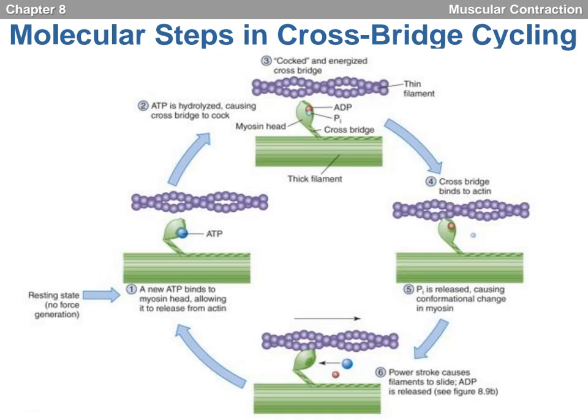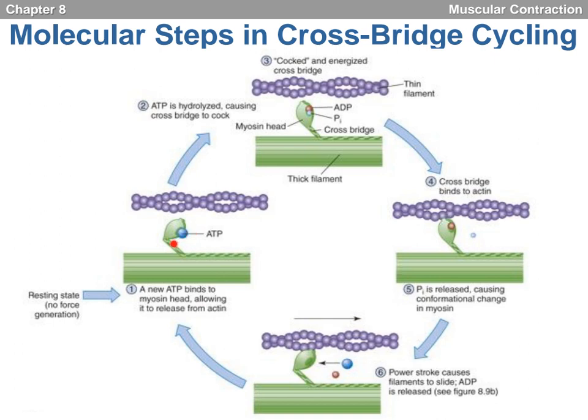I just wanted to show you this because it's the picture from your book. It's essentially exactly the same thing I've just talked about. We go from a resting state to a state in which ATP binds to the myosin head, allowing it to release from the actin. As we said before, this would be a rigor state.